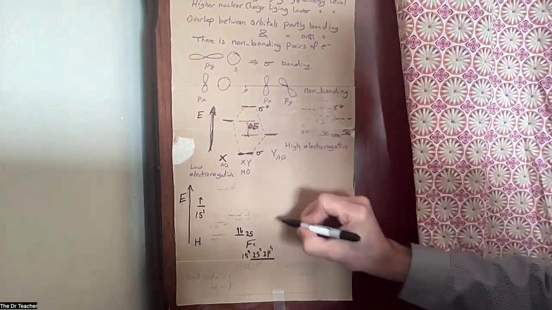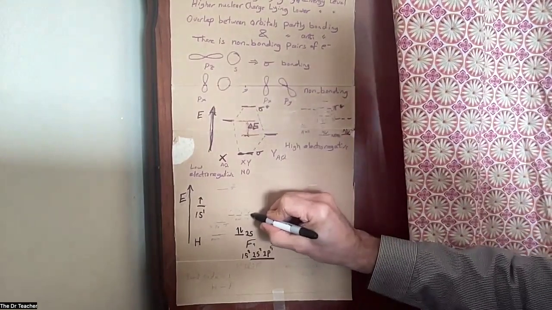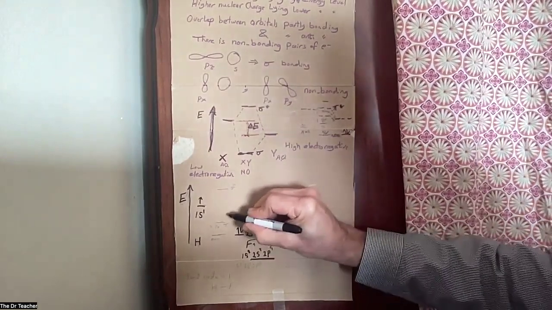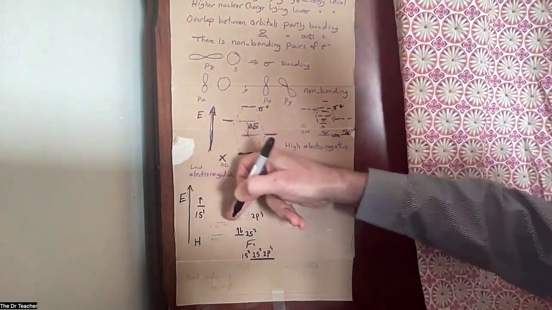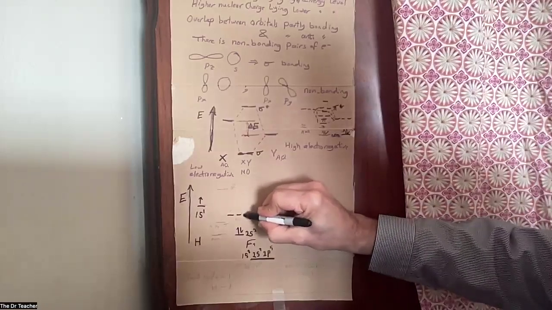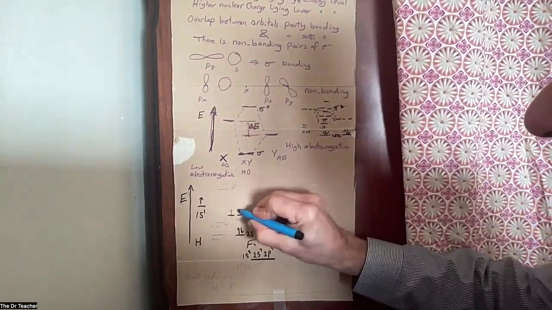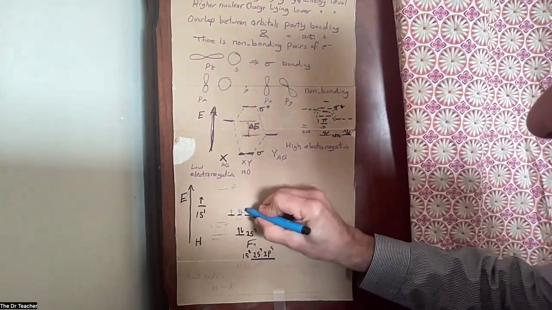And the p electrons, 2p, are 5 electrons, so I will put them under the s. These are the 5 electrons in the p of the fluorine.